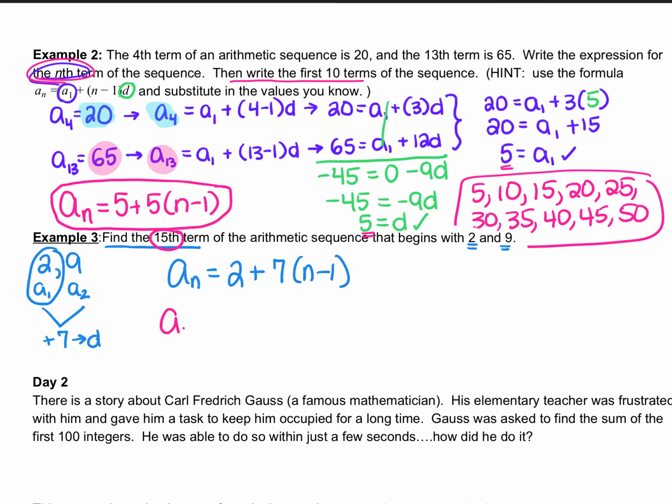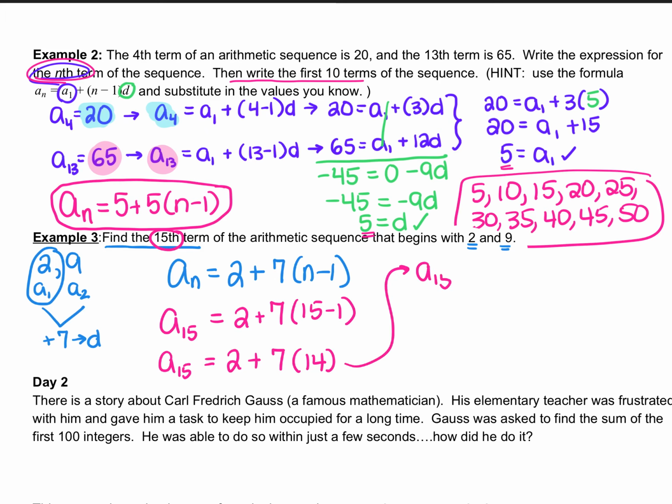So if I want to find the 15th term, I plug in 15 for n. And then it's just a matter of some pretty quick arithmetic here. So 2 plus 7 times 14. Okay, and that's going to be, so a sub 15 equals 2 plus 98. So we get the 15th term is 100.